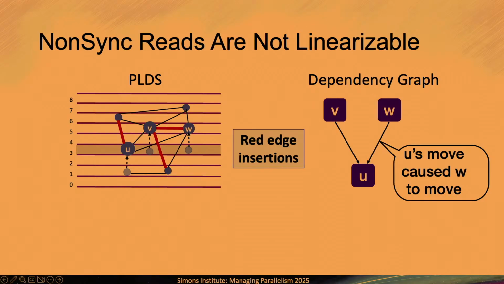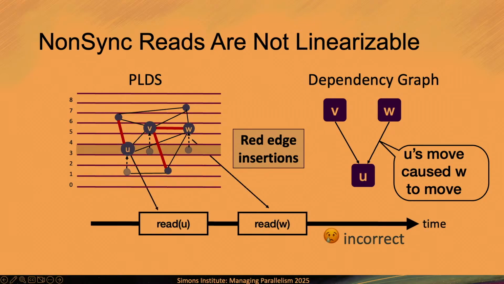So in this level graph, this movement of this node up to here will cause these 2 nodes to move up here. Okay, so this is a dependency graph. So we can have a dependency acyclic graph, dependency DAG, where we can show that V and W depend on the movement of U. And specifically, U's move caused W to move.